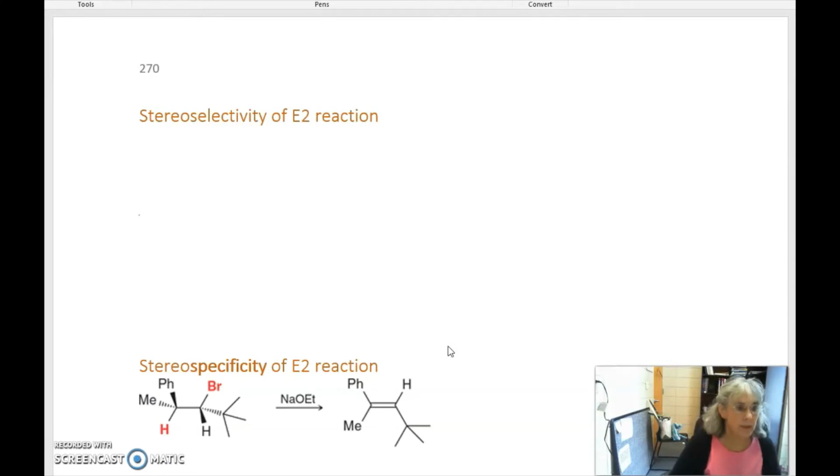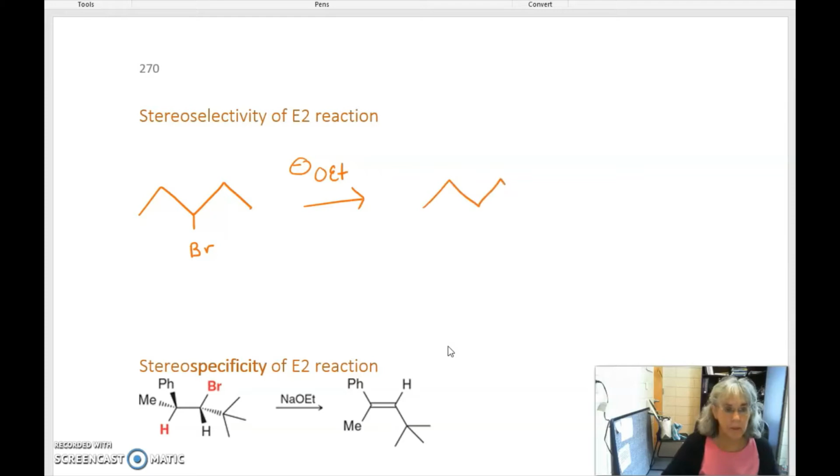If we have this compound, and we treat it with this regular base, methoxide, we could get the major product, which would look like this, but we also get a minor product. This is the major, and this is the minor.